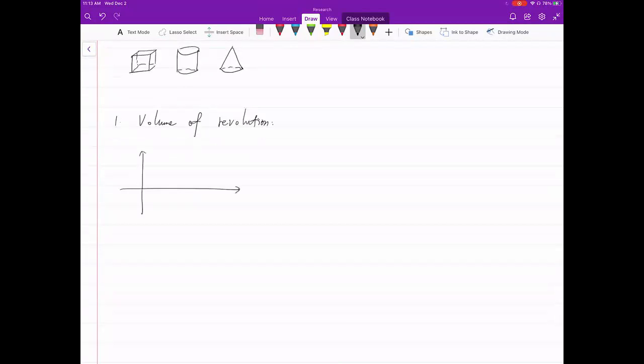It is basically a shape generated by taking a curve and rotating it around an axis for 360 degrees.